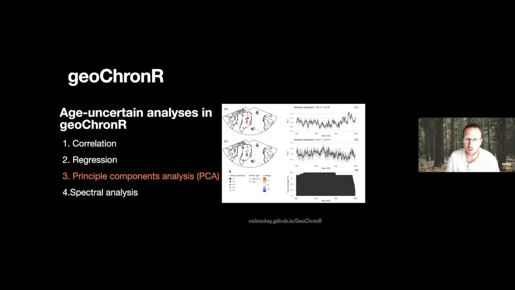The Iso2k group is now trying to use, or is successfully using, geoChronR to extend some of the Iso2k work into age uncertain space.